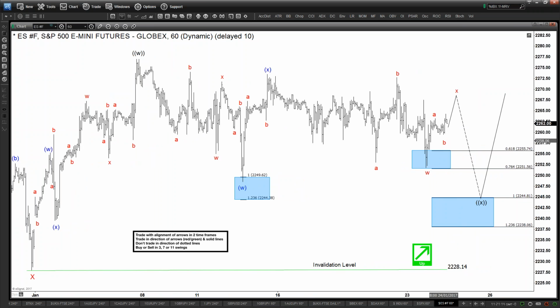Right, and now again, if you're long from here, we haven't broken this low yet. Okay, so we like staying long from 2250.